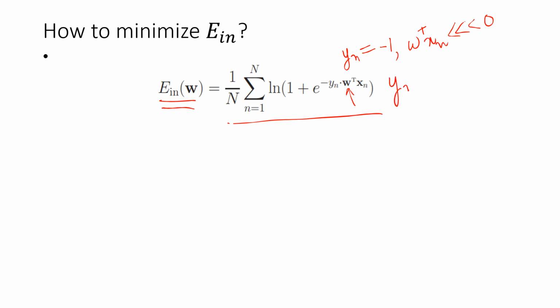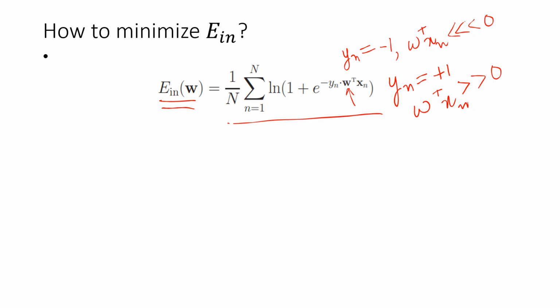Similarly, if my y_n equals +1, then I need this W transpose x_n to be greater than 0, so that I can get a smaller E_in out of W. This is the intuition we get about what we need to do in order to minimize E_in.